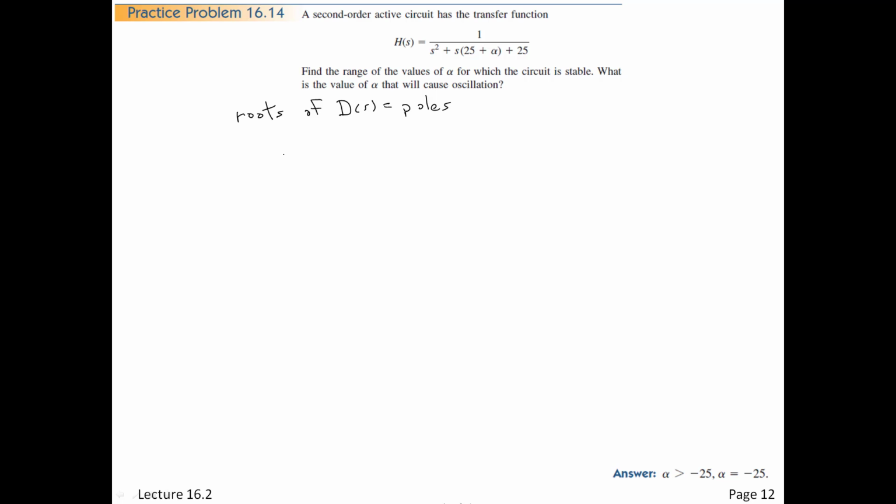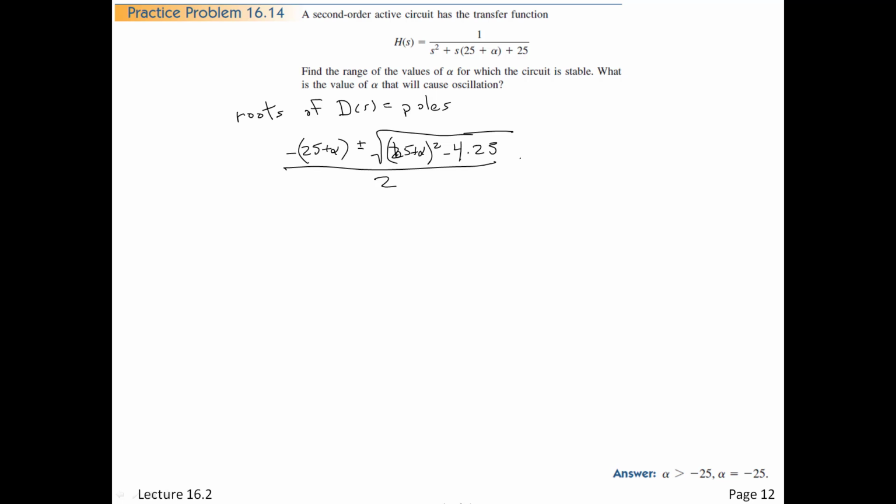So let's just quickly get this. We have minus b, well, that's 25 plus alpha, minus b plus and minus the square root of b squared minus 4ac, so times 25. And I'm going to write it like this, all over 2a, which is just 2.